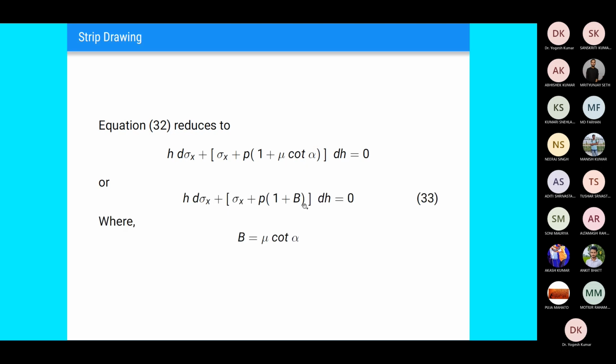Or, if you simplify it more, it can be written with this mu cot alpha replaced by a new constant capital B, because these values will be constant. Mu is constant and alpha is constant. So you can put another constant B, where B is equal to mu cot alpha.